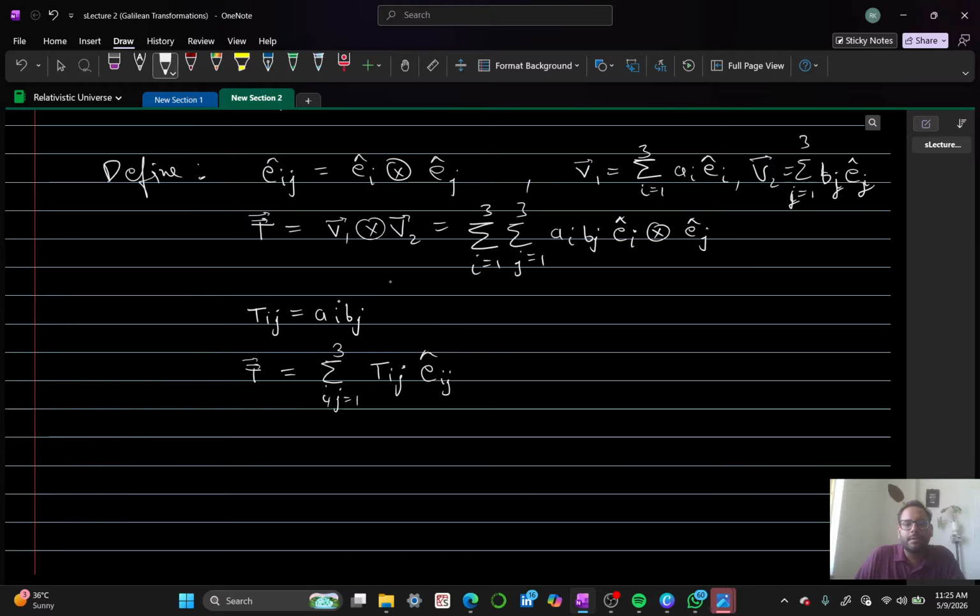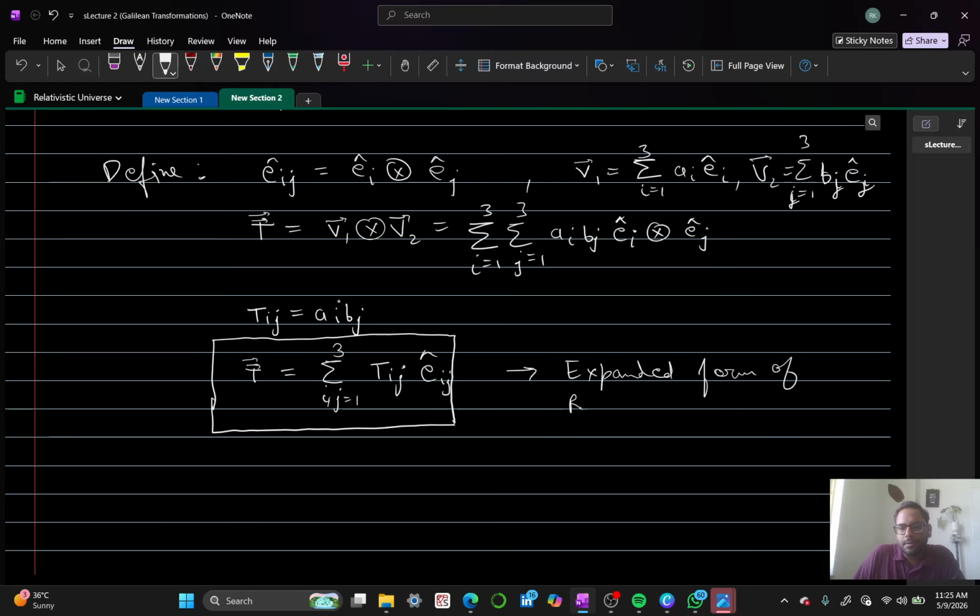I have defined my tensorial direction like this. So this is my tensor, as a linear combination of its tensorial directions. This is the expanded form of a rank 2 tensor.